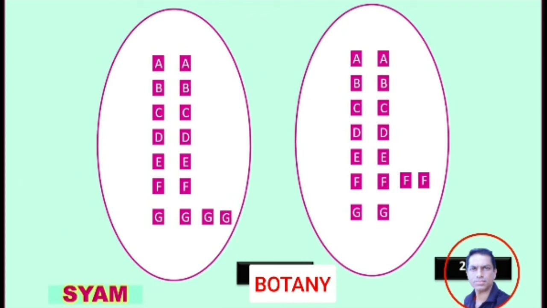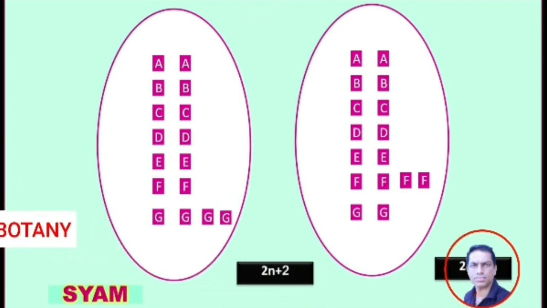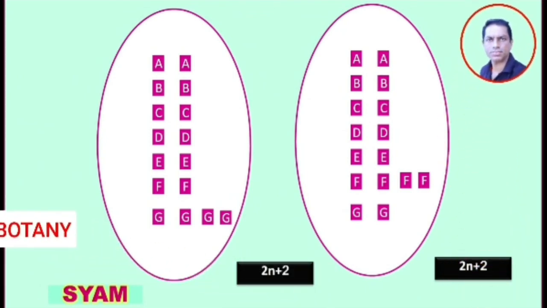So this picture represents the tetrasomic. One pair of chromosomes is added to the organism, and it is called tetrasomic.